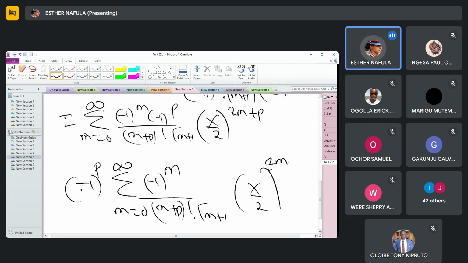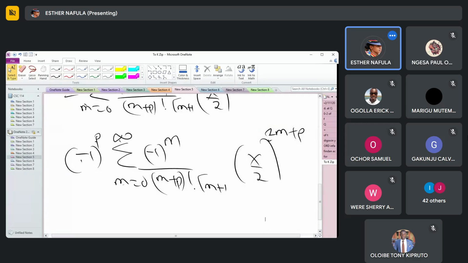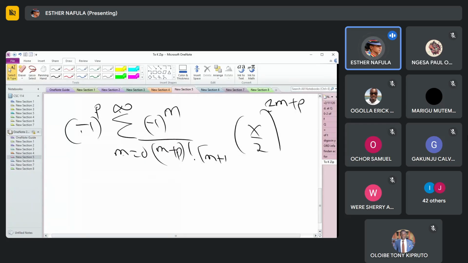to 2m plus p. I want you to apply the relation between the factorial function and the gamma function to the denominator. So I want you to express m plus p factorial in terms of the gamma function and also express the gamma function in terms of the factorial function. So tell me what m plus p factorial equals in terms of the gamma, and then we want to express gamma of m plus 1 in terms of the factorial. What is m plus p factorial in terms of the gamma function?